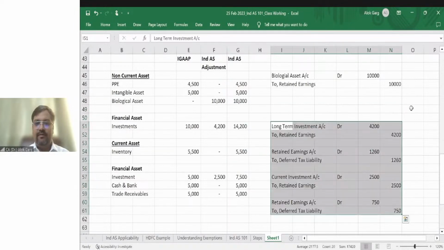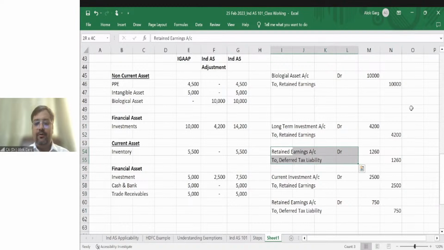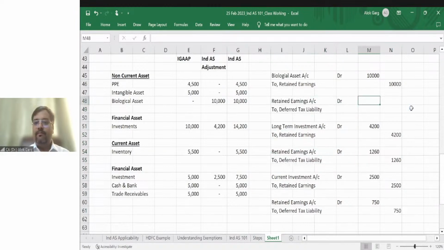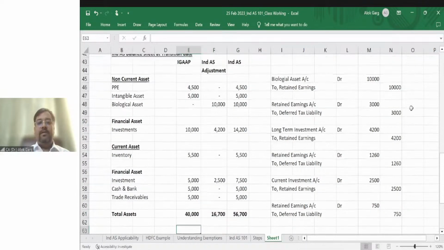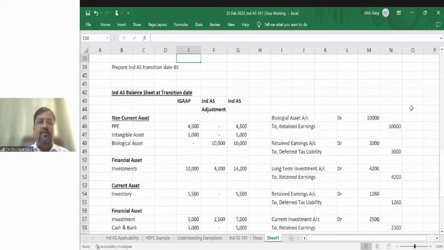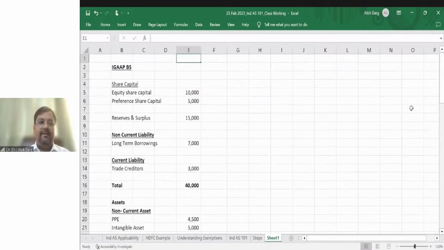Deferred tax will also be there. What is the accounting entry? Retained earnings debit to deferred tax liability, 10,000 multiplied by 30%. These are the Ind AS adjustments, right? Now let's do the total of the asset side. Total assets. This becomes 56,700.